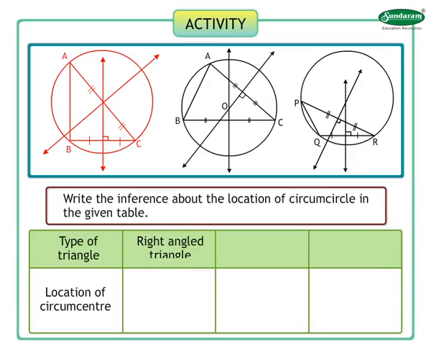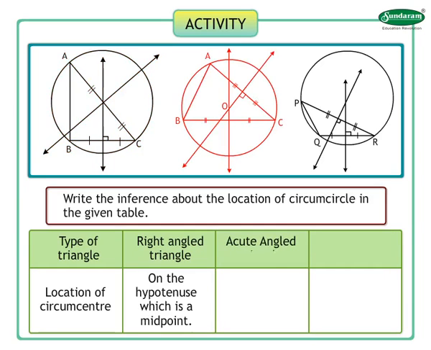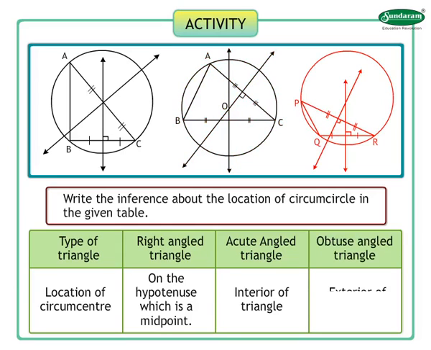In the right angle triangle, the circumcenter is located on the hypotenuse, at its midpoint. In the acute angle triangle, the circumcenter is located in the interior of the triangle. In the obtuse angled triangle, the circumcenter is located in the exterior of the triangle.